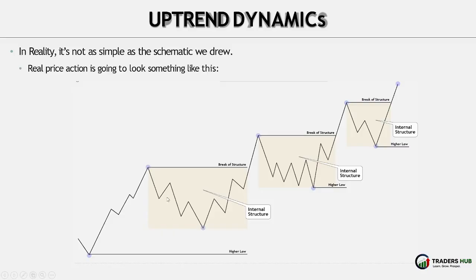And this internal structure will be on a lower time frame, something like 15 minutes or 1 hour time frame. And it is on this internal structure we look to capitalize by entering on this low and positioning our stop losses down here to target these highs, okay?